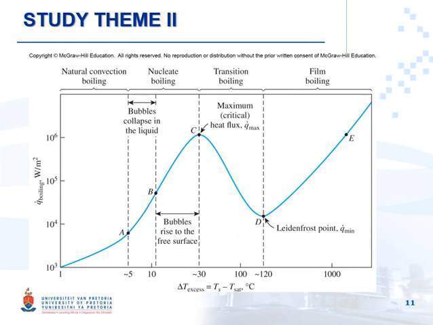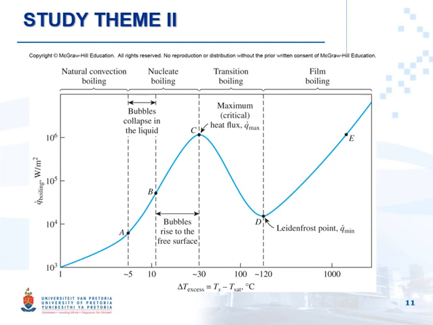Nukiyama in 1934 suggested this boiling curve and categorized the boiling process into 4 different regimes based on the excess temperature. This curve is for water at 1 atmosphere, which he worked on, but the shape will remain more or less the same for different fluids.